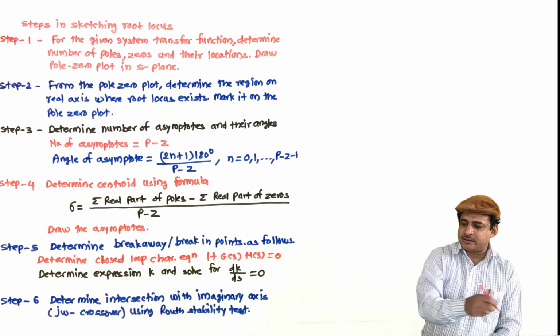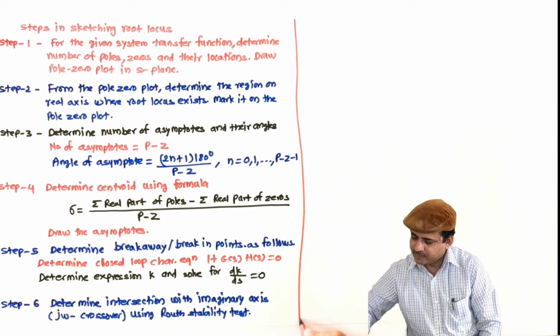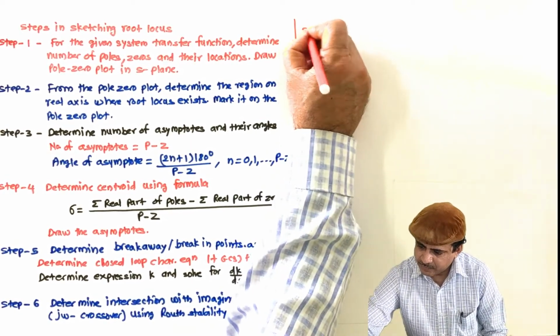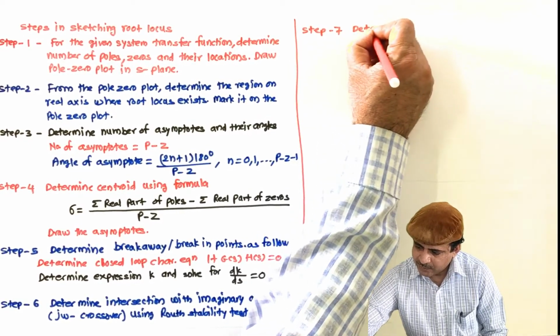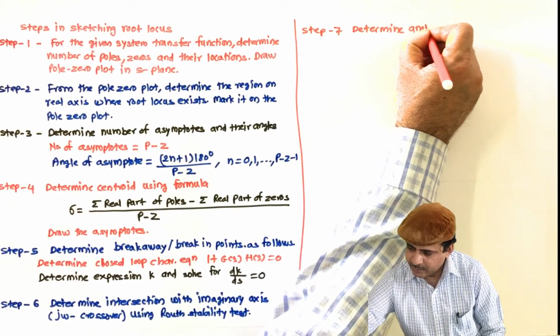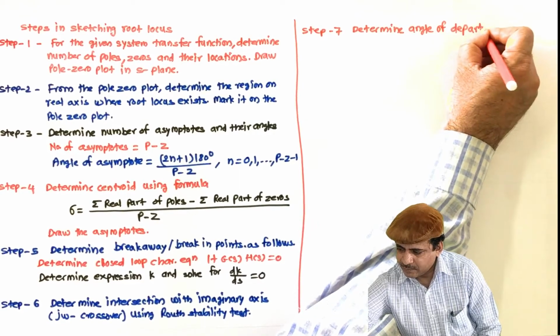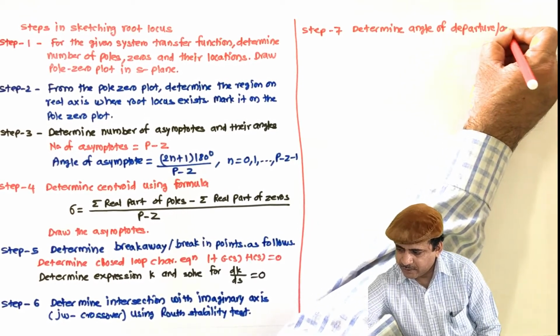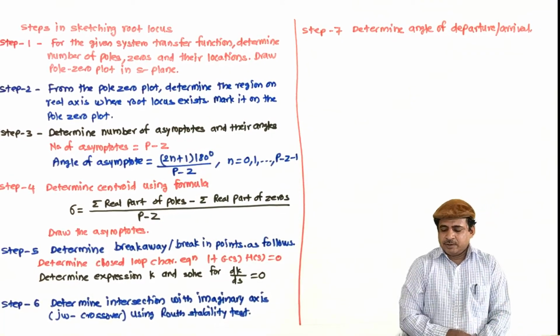And now the last step, step number 7: determine the angle of departure or arrival.